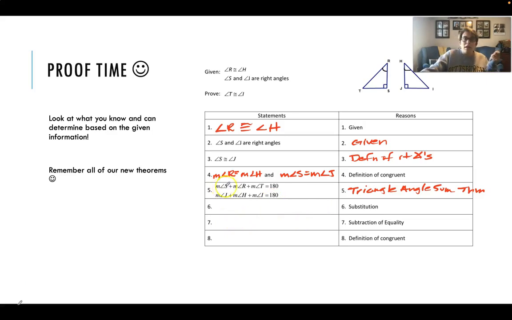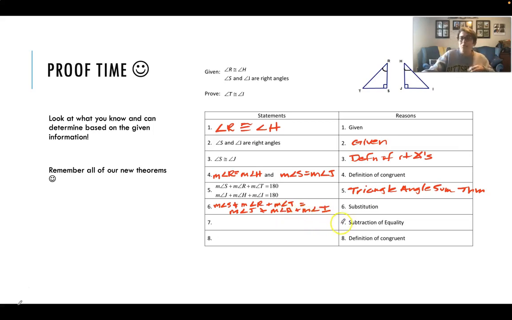Now we already know that S is congruent to R and J is congruent to H. So if we substitute in this whole statement that's equal to 180 and this whole statement that's equal to 180, we can say that the measure of angle S plus the measure of angle R plus the measure of angle T is equal to the measure of angle J plus the measure of angle H plus the measure of angle I. Please forgive my not so great handwriting.